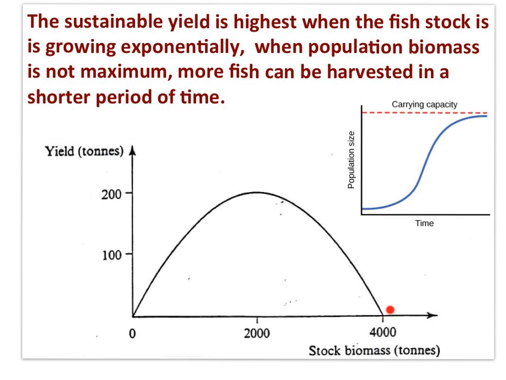Harvesting when the stock is at maximum, corresponding to this point in the S-shaped growth curve, also yields very little because regrowth takes such a long time given the competition within the large population. But harvesting when the population is experiencing exponential growth, in other words, the biomass of the stock is midway between very little and maximum, brings the largest yield.